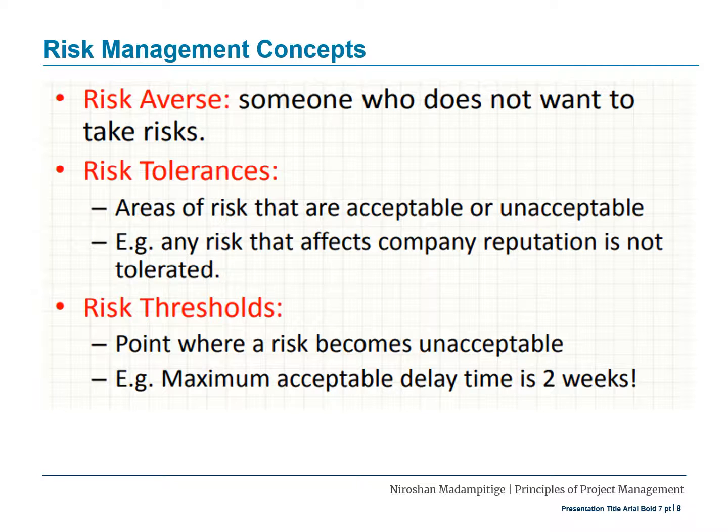Well, this is the point where a risk becomes unacceptable. Example, maximum acceptable delay time is 2 weeks. You can delay your activity or the project until 2 weeks. The moment, the point you exceed the 2 weeks time window is a point you're crossing the risk threshold.